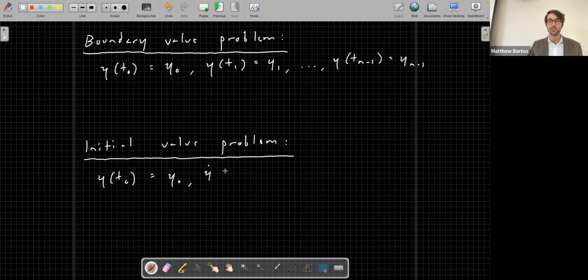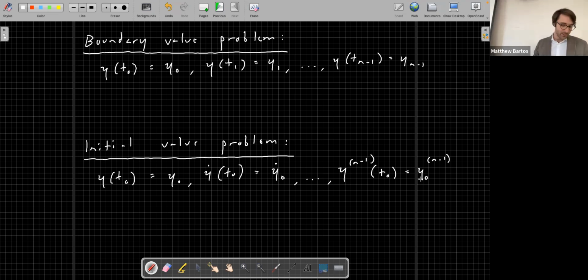The first derivative of our output at time 0 is equal to some known value y0 dot, and so on, all the way to the (n-1)th derivative of y at time 0 is equal to some known value y_{n-1} at time 0.